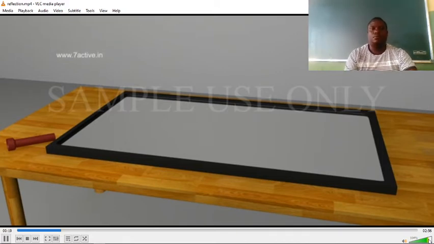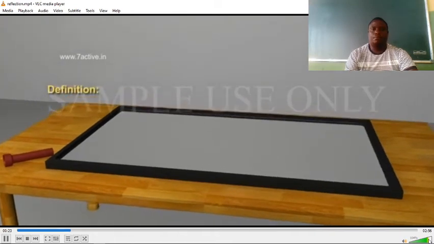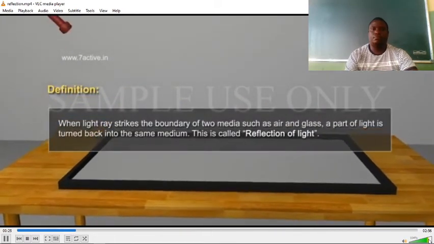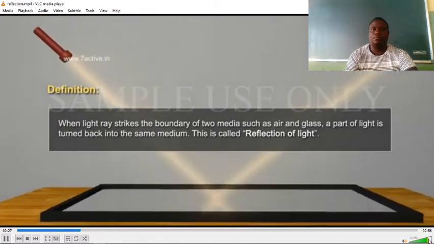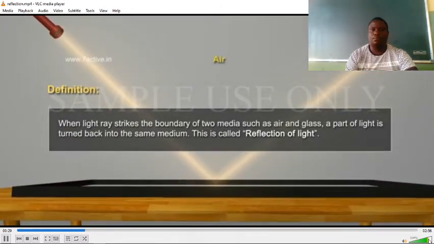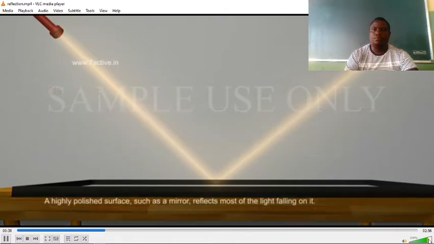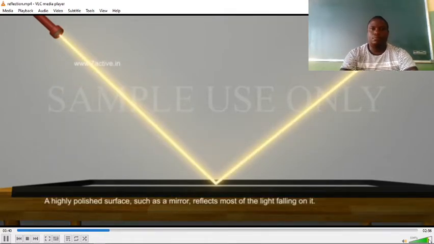Does it move along a straight line path or change its direction? Definition. When light rays strike the boundary of two media, such as air and glass, a part of light is turned back into the same medium. This is called reflection of light. A highly polished surface, such as a mirror, reflects most of the light falling on it.